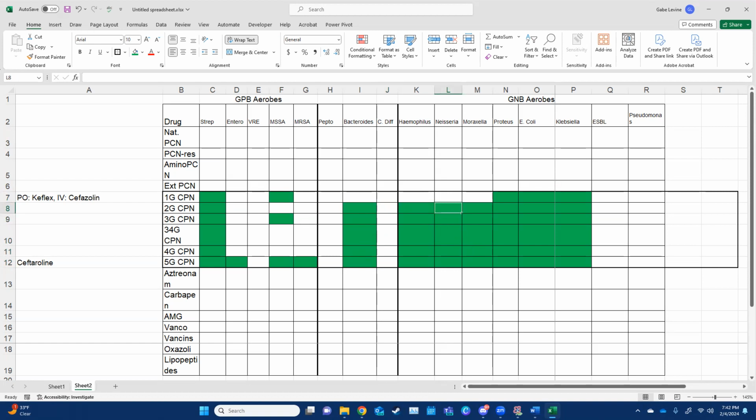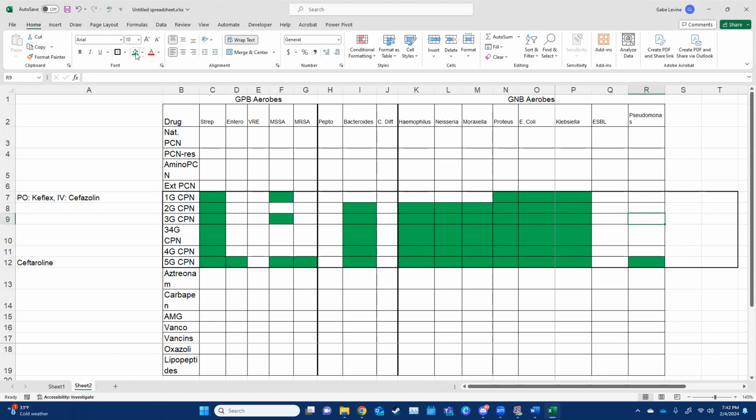All right. So now the question becomes, what generation do we pick up Pseudomonas activity? Who has Pseudomonas activity? Some of them do. We'll start with the easy one. Would ceftaroline have Pseudomonas? Fifth gen, definitely, right?